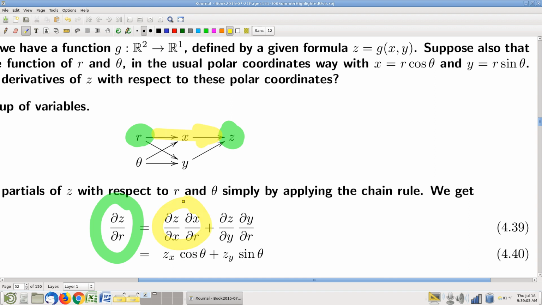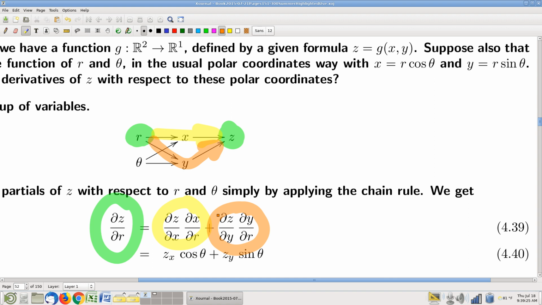This gives us two terms. So I'm not using the matrix form of the chain rule here. I could, right? But I'm using the intermediate variables, propagation through paths, however you want to think about it, point of view on the chain rule. Two paths, two terms. Two intermediate variables, two terms. So here's our first derivative with respect to r.